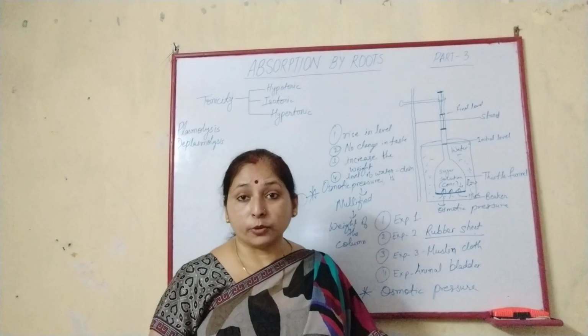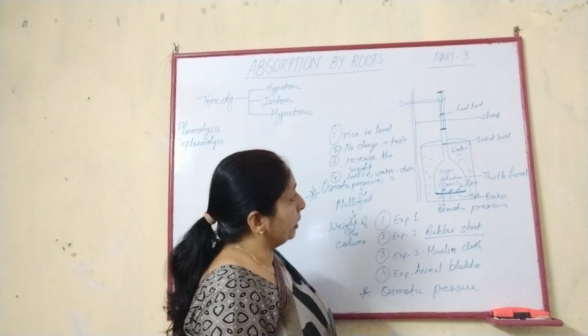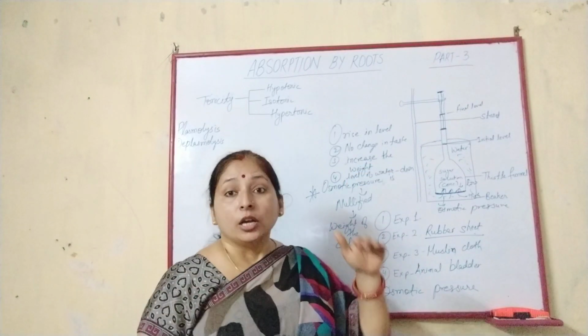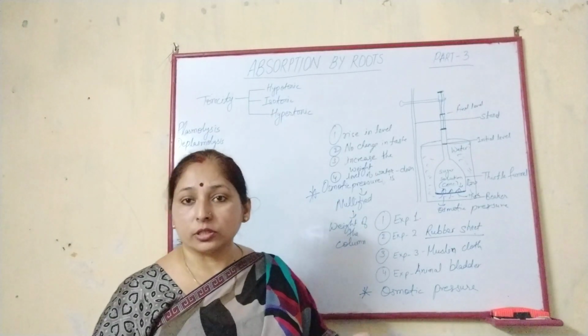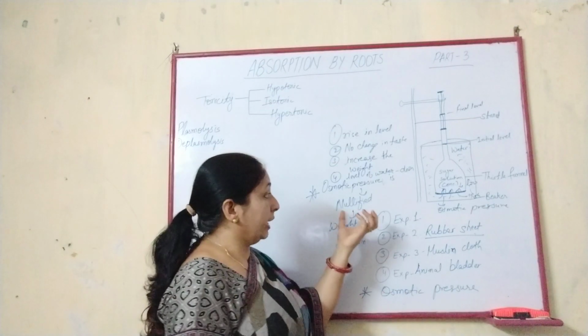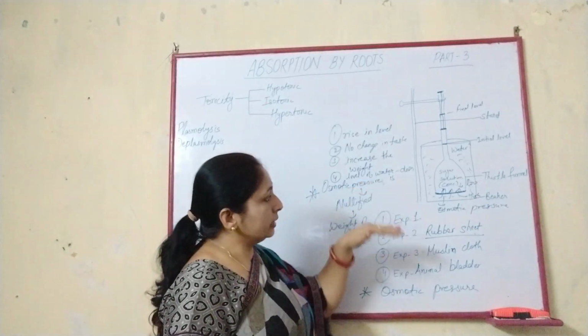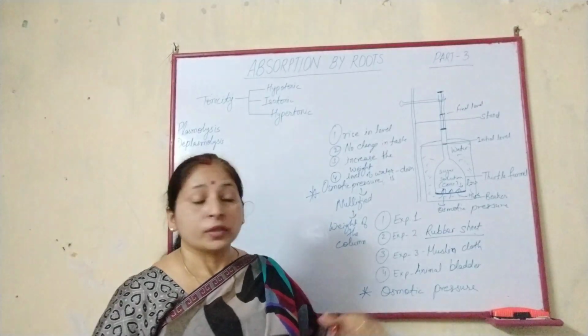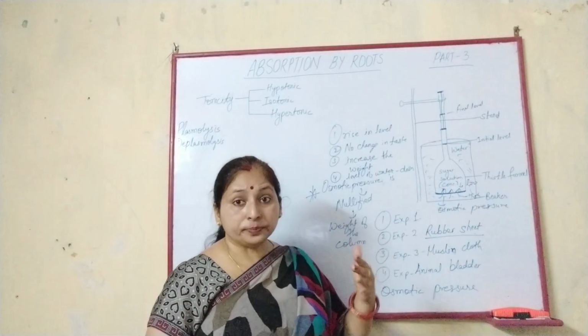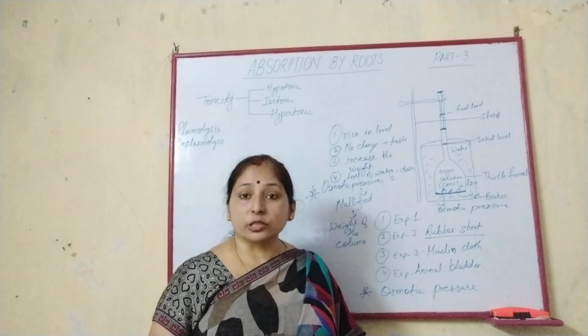Why is the osmosis process stopped? Because the weight of the substance on the funnel stops the process of osmosis. So that weight, or the pressure exerted by the weight, is equal to the osmotic pressure, or the pressure exerted by the fluid, to nullify the osmotic pressure.